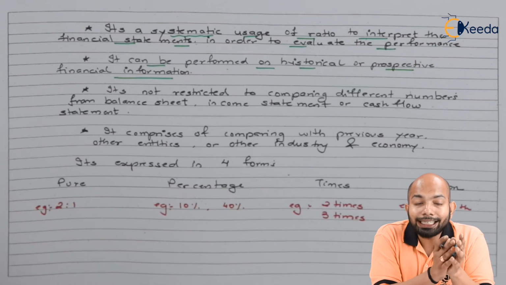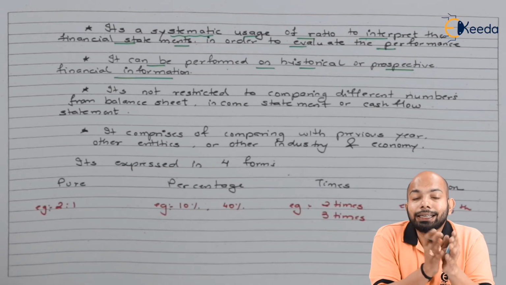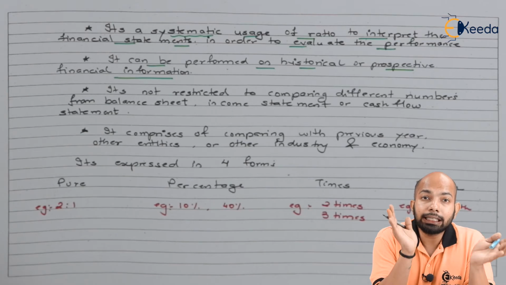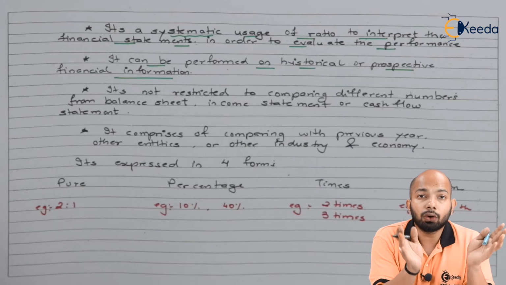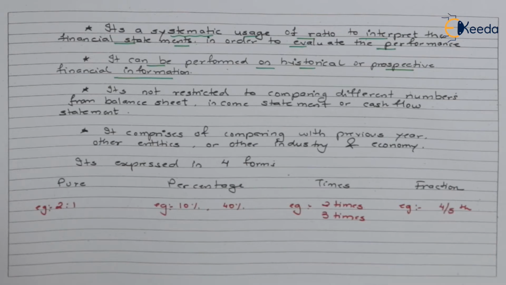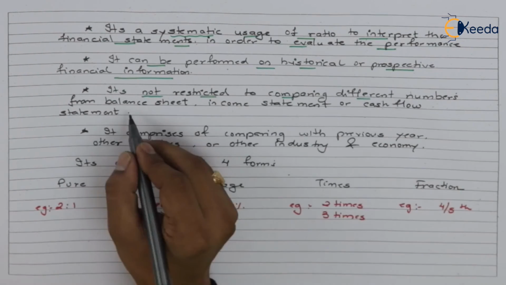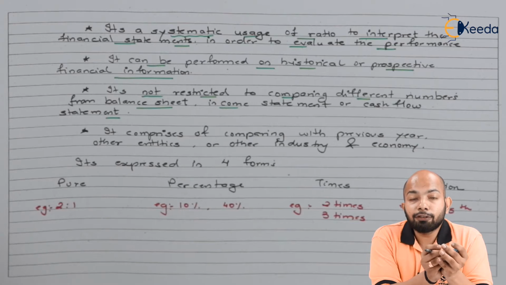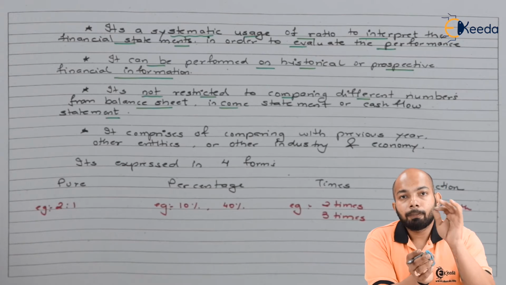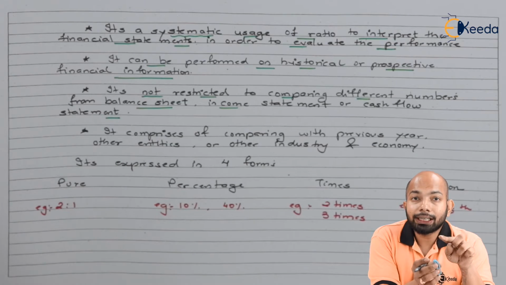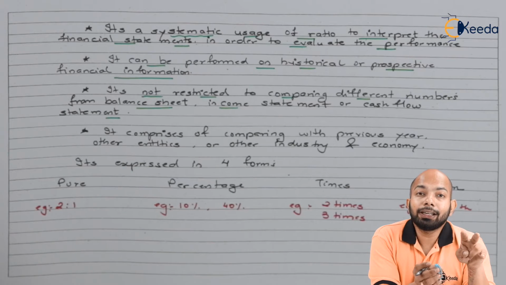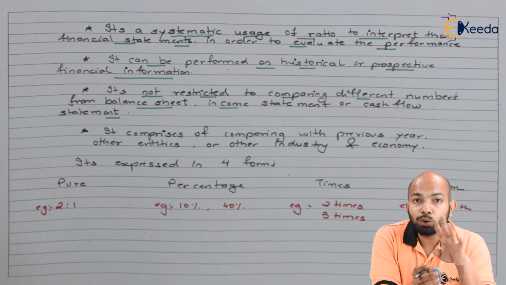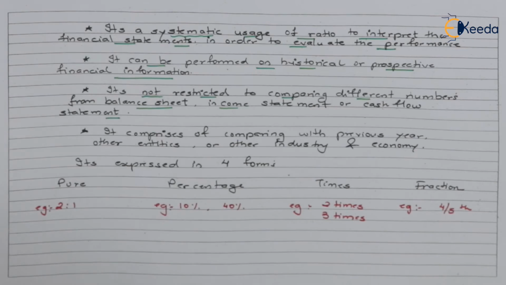Data related to ratio analysis can be based on either of these two, historical or prospective financial information. It is not restricted to comparing data from only one statement. That means balance sheet data can be compared with income statement data, or income statement data can be compared with cash flow data. There is no such restriction.